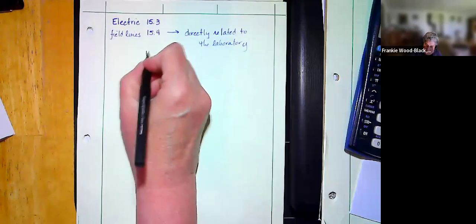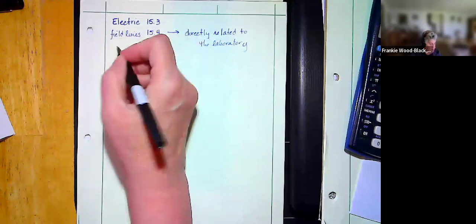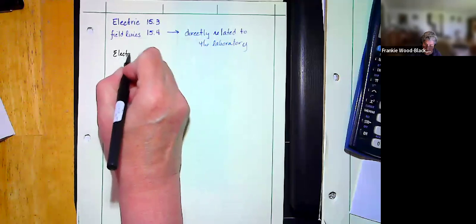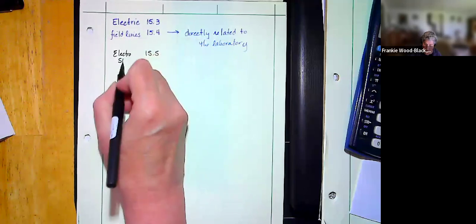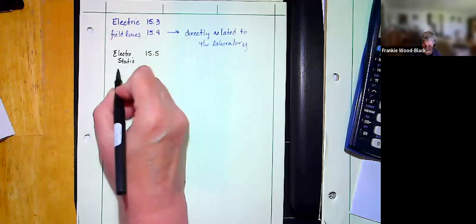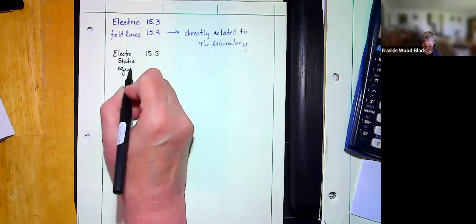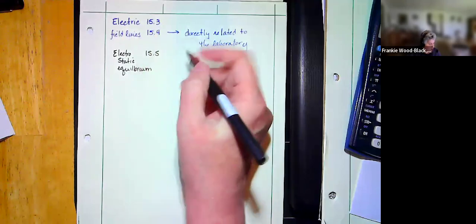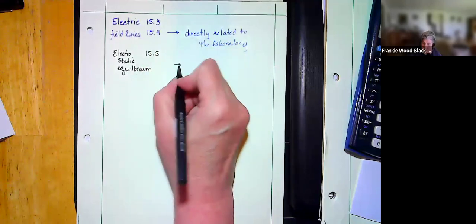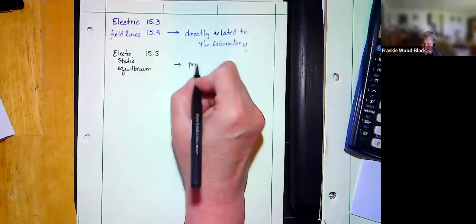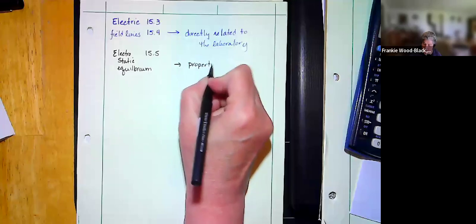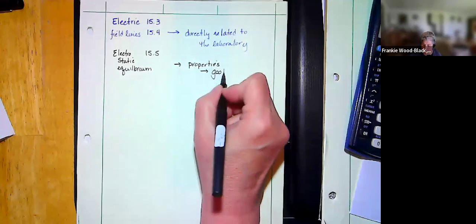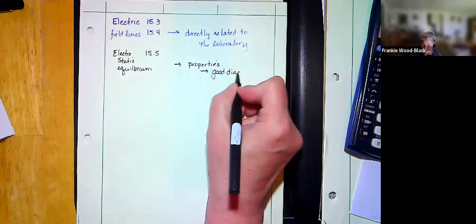Then 15.5 deals with electrostatic equilibrium. And we'll cover the properties, but I want you to look at this because you've got some good diagrams for this in the text.